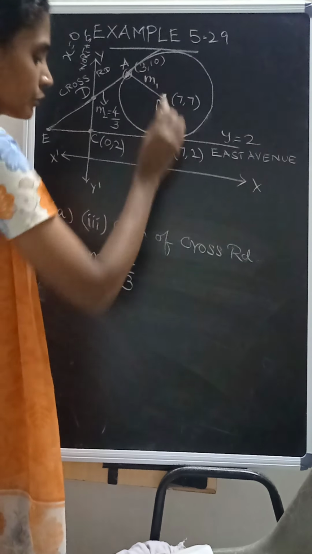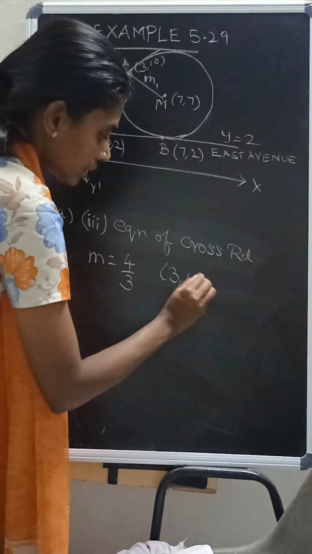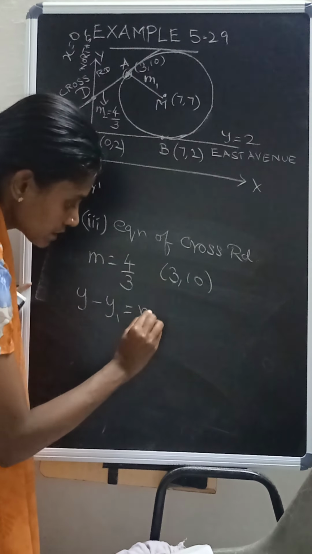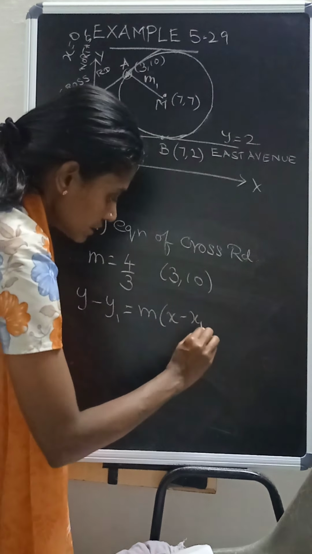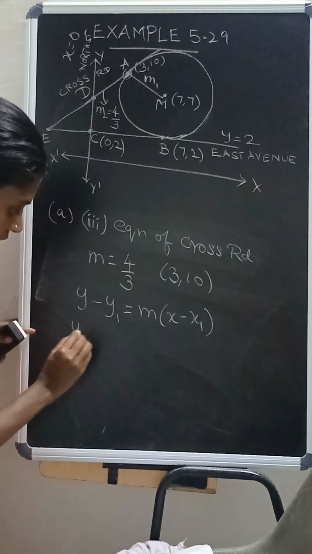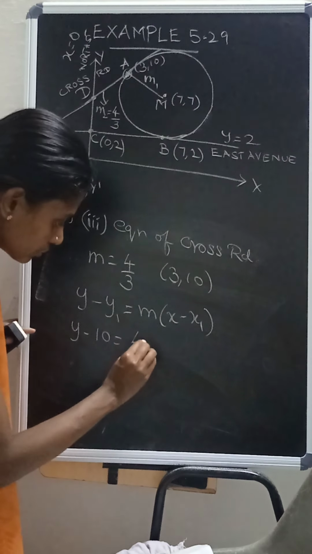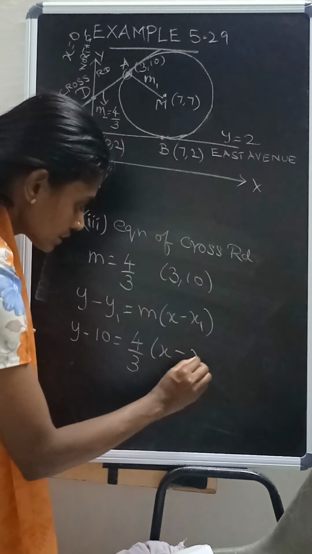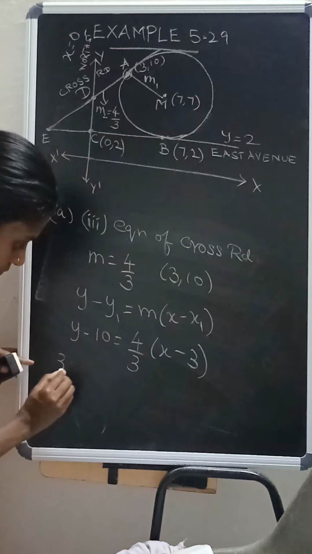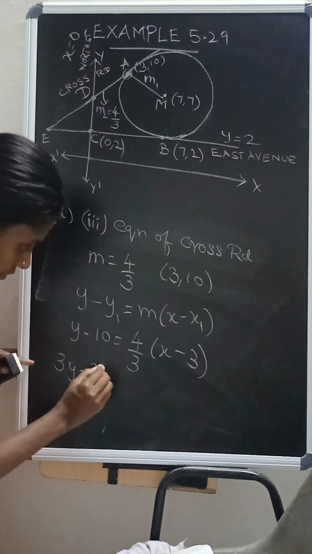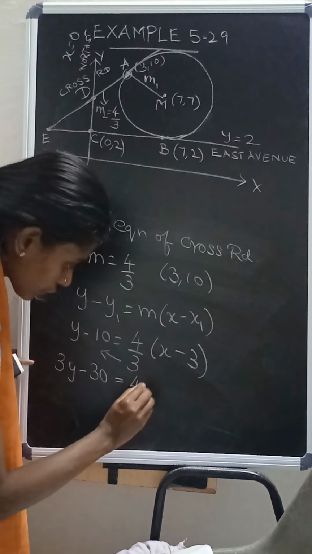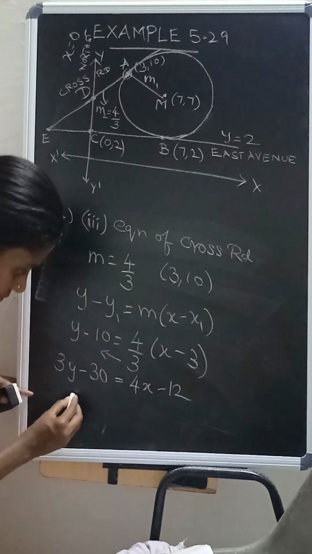Now to find the equation of the crossroad, we have slope m equal to 4 by 3 and passing through the point (3, 10). Now what is the point slope form? y minus y1 is equal to m into (x minus x1). So y minus 10 is equal to 4 by 3 into (x minus 3). Cross multiply, 3y minus 30 is equal to 4x minus 12.